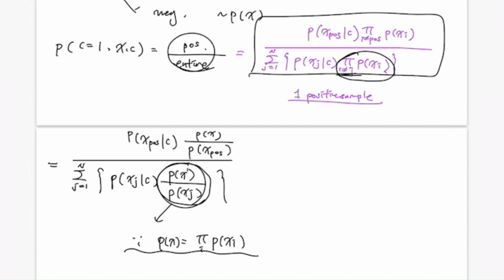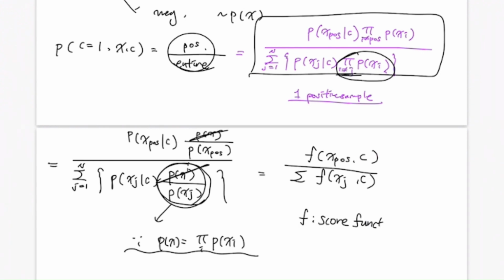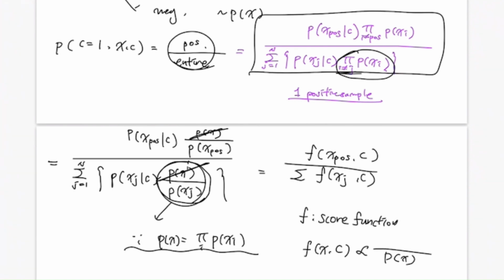Also we can write here p(x positive conditioned on c) and p(x) over p(x) plus positive. Now we can cancel out this term, and we can write this like this, where f is the score function, and f(x, c) is proportional to p(x conditioned on c) over p(x). So this one we can see is here and also here.